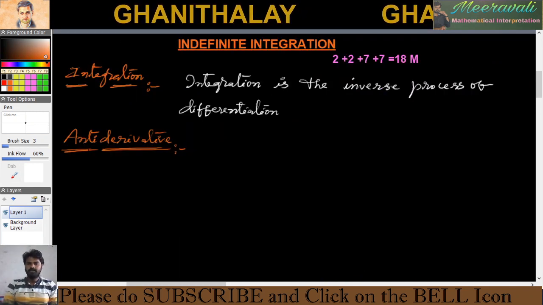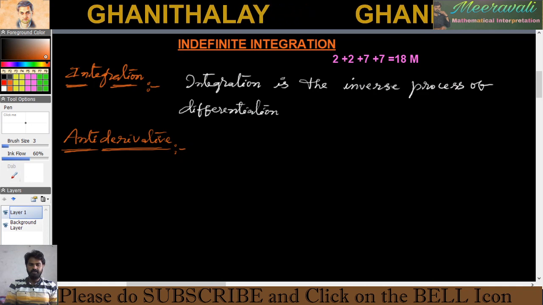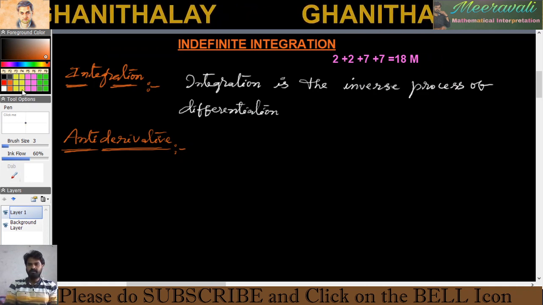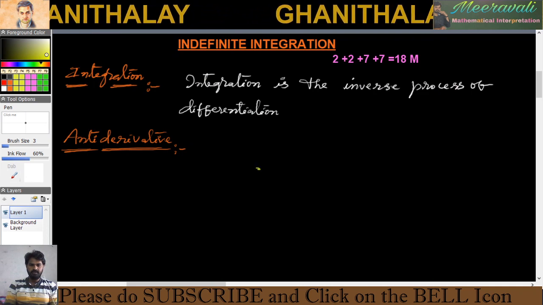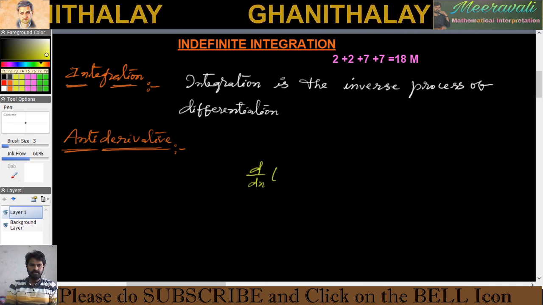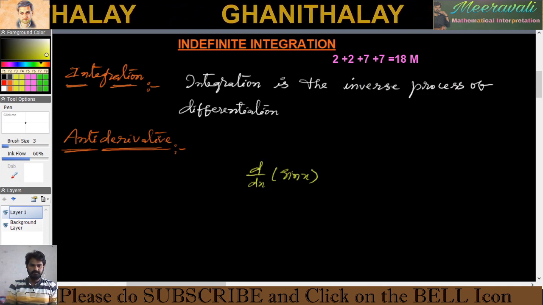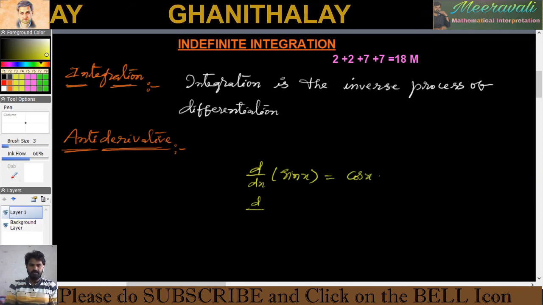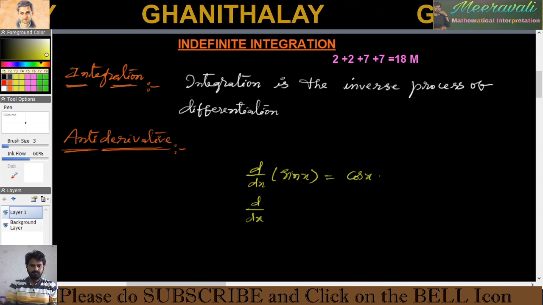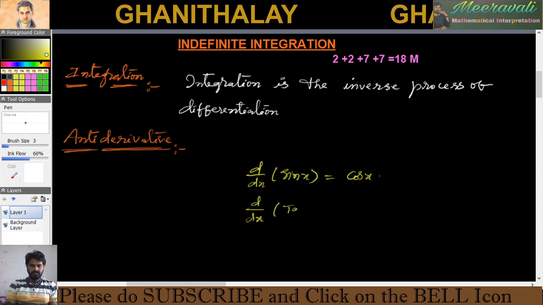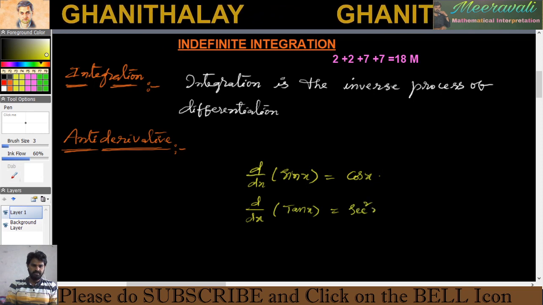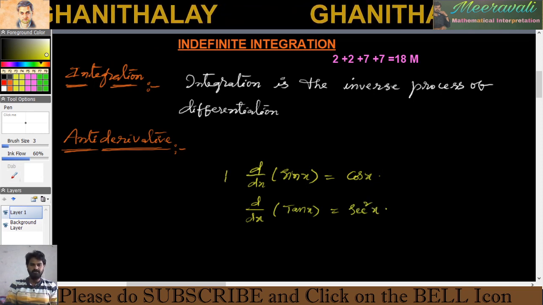Now let us come to the antiderivative. Antiderivative definition means first we have to take the differentiation. For example, derivative of sin x, how much will we get? This is cos x. And also derivative of tan x, you will get how much? Secant square x. We have these formulas in differentiation.